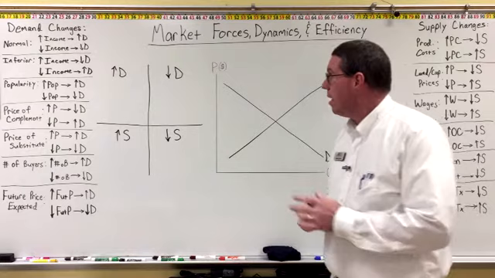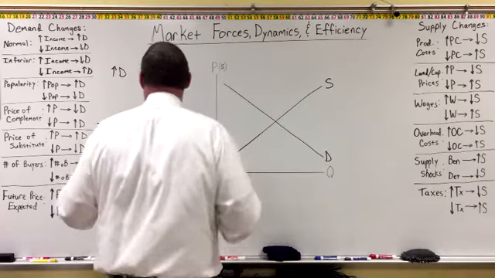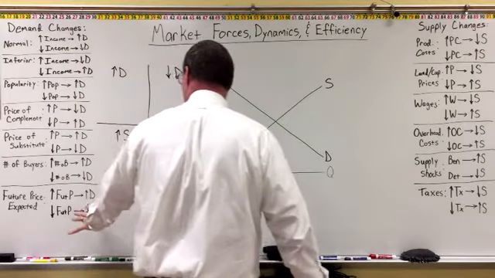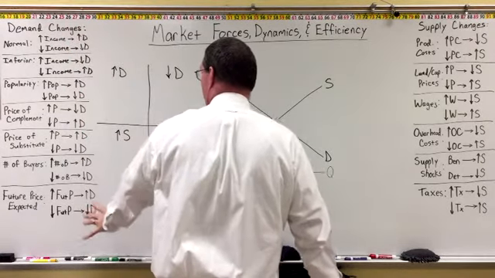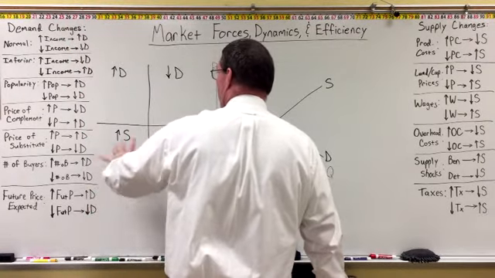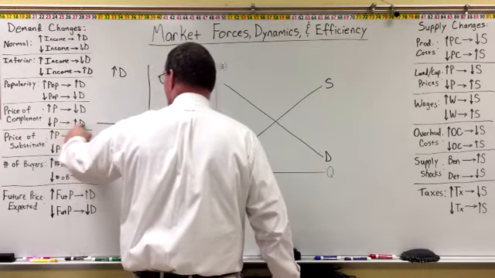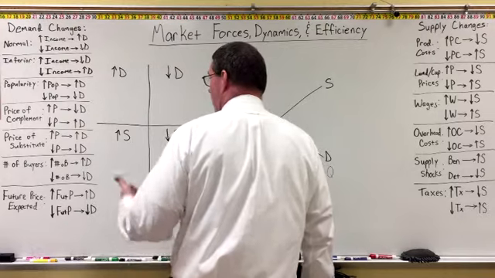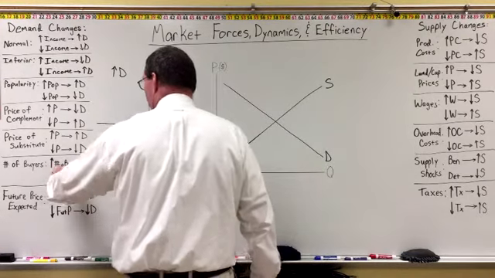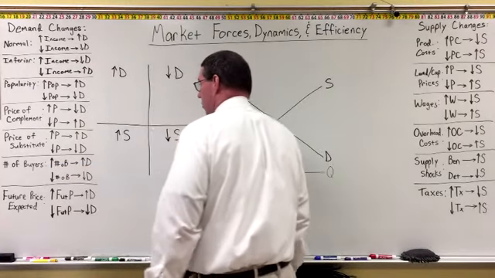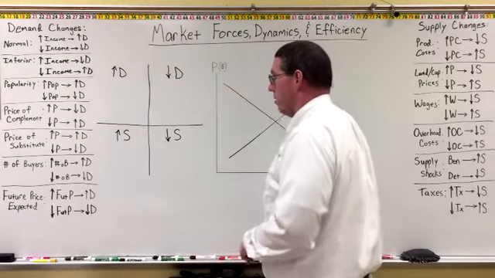So, if there was some sort of increase in demand, and here's a whole list of things that could result in an increase or a decrease in demand. For example, if the price of a complement good goes down, that results in an increase in demand. Similarly, if the number of buyers in the market increases, that's also going to result in an increase in demand.